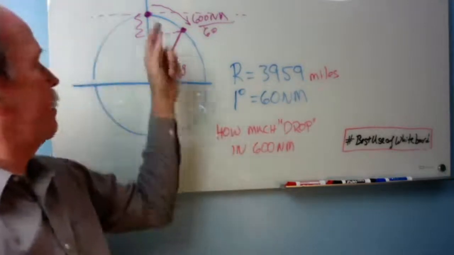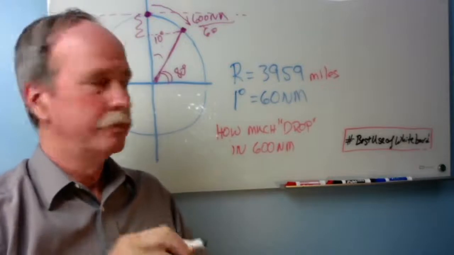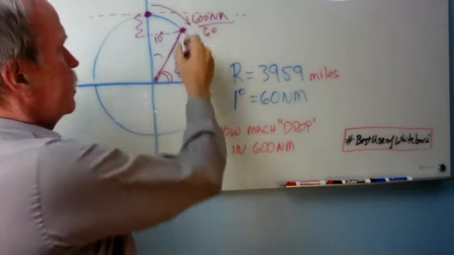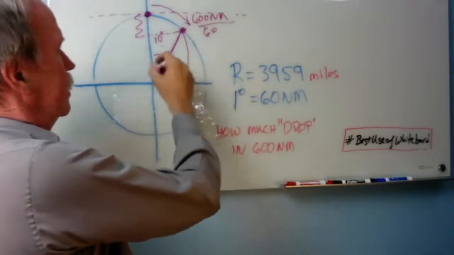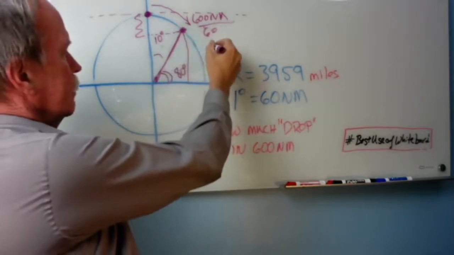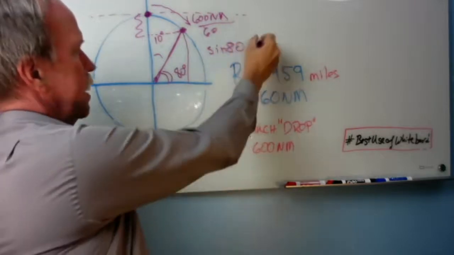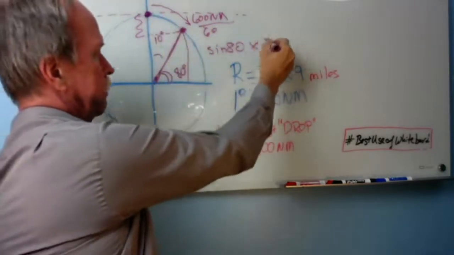Well, how do we figure out what that is? Well, that should be pretty straightforward from our conversation. What's this point? This point is the sine of 80 degrees times the radius of the Earth.